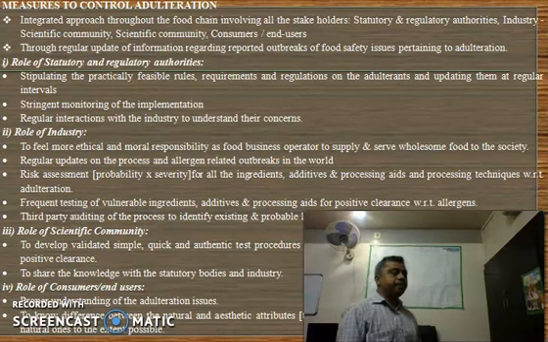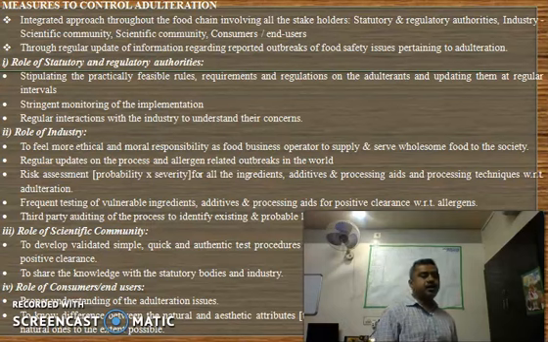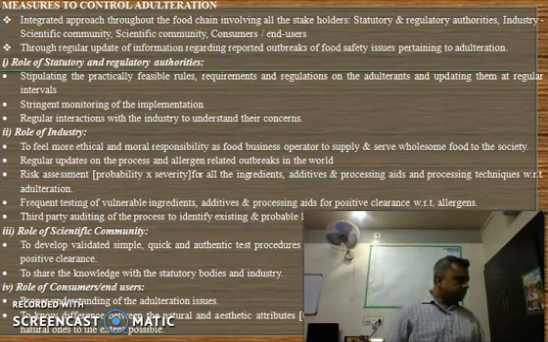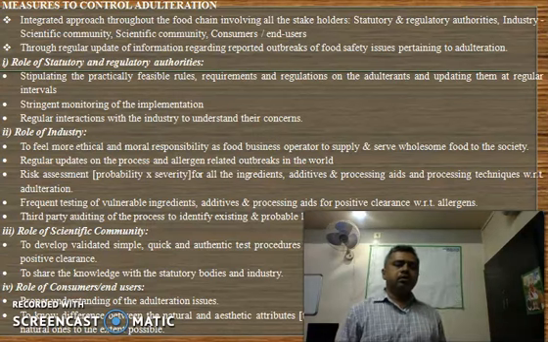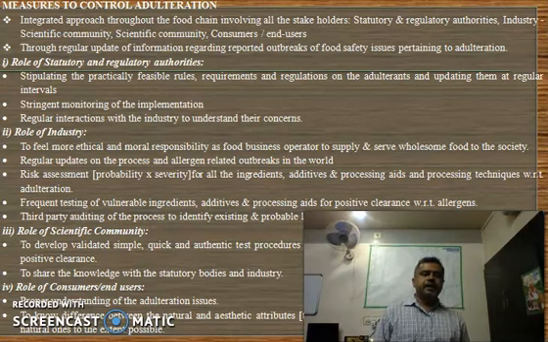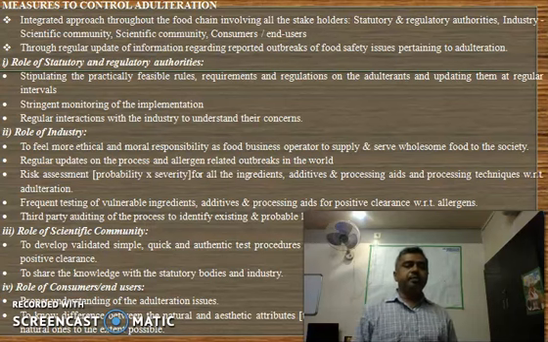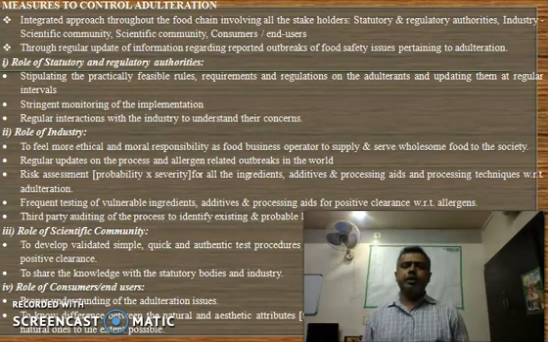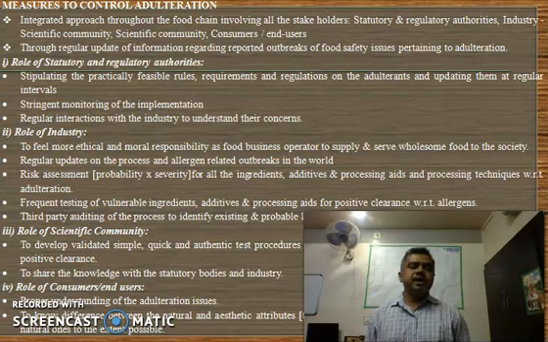Sometimes rules and regulations are there, but due to certain problems, stringent monitoring or implementation is required to retard this adulteration. Then regular interaction with the concerned industries is needed.